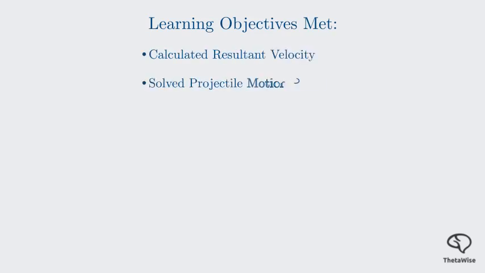We saw how to split the initial velocity into vertical and horizontal components to analyze the motion. Finally, we worked through a relative velocity problem, which involves vector subtraction, and we carefully analyzed the solution and the provided memo, identifying and correcting an error. You are now able to calculate resultant velocity, solve projectile motion problems, and determine relative velocity.